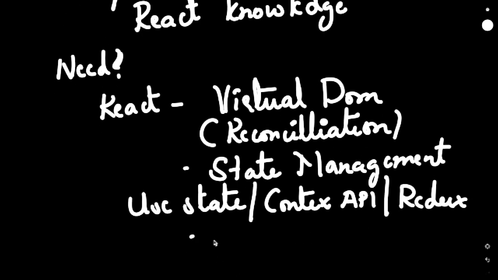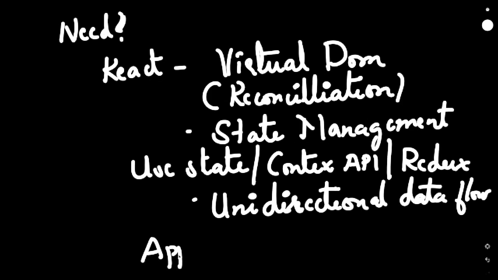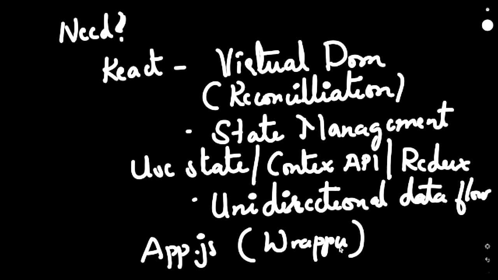React.js also offered unidirectional data flow, that is, data passed only in a single direction. React.js had an app.js file which acted as a wrapper element and passed components into the index.html.